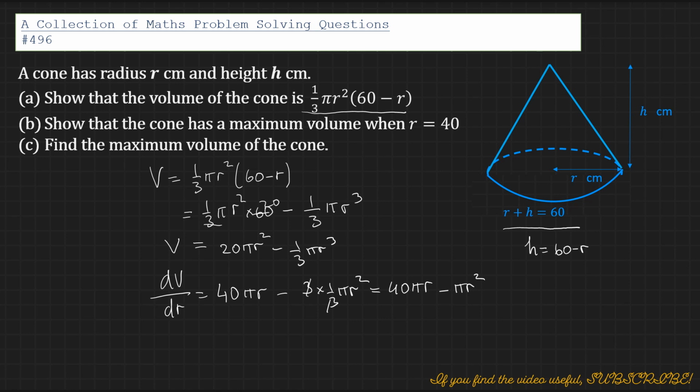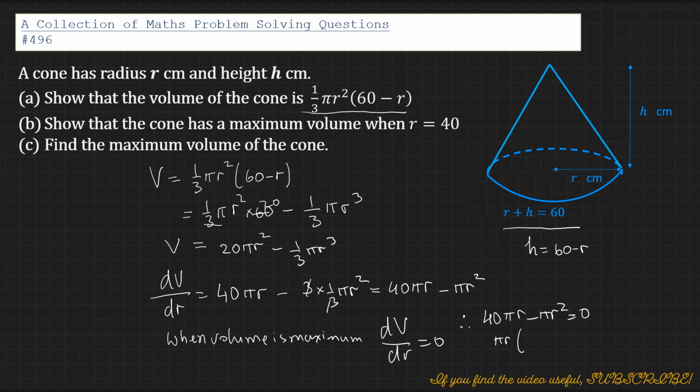So for maximum volume, when volume is maximum, dV/dr equals 0. Therefore 40 pi r minus pi r squared is 0, and if you take pi r outside the bracket, then 40 minus r equals 0.